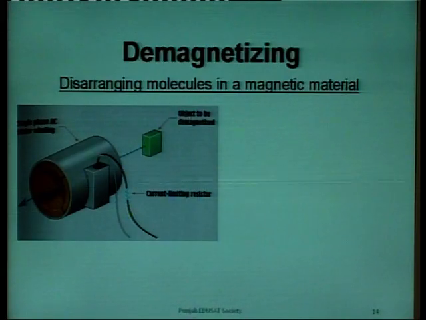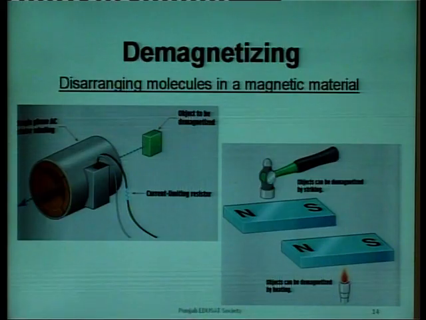Then we have demagnetization: the disarrangement of molecules in a magnetic material is called demagnetization. In this diagram we have a single phase AC stator winding. This is the current limiting resistor and this is the object to be demagnetized. This object can be demagnetized if we pass it through the stator winding of the motor.